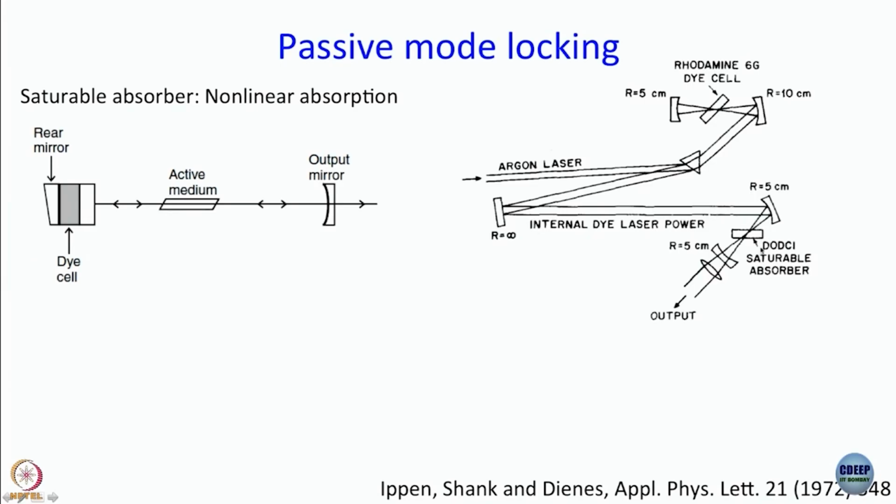In the other end of the cavity, you have DODCI. DODCI is a cyanine dye. You do not need to know the full name. It is a cyanine dye, which has rather interesting photophysics, very short lifetime. And in fact, lifetime of the saturable absorber is also very important. It should be short if you want a short pulse.